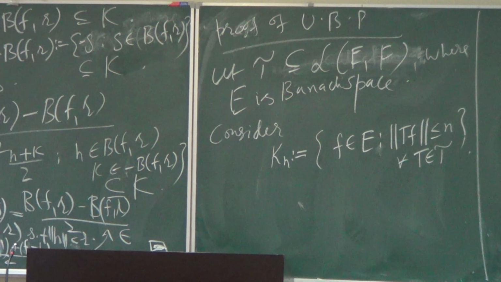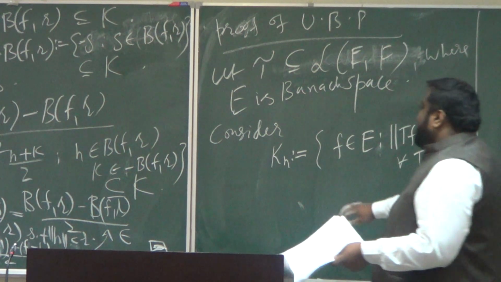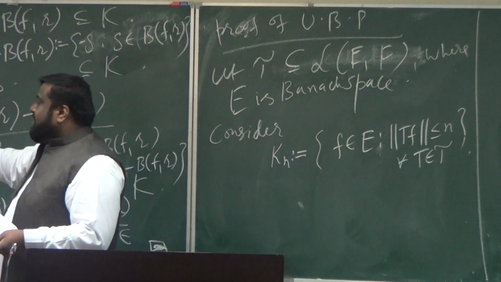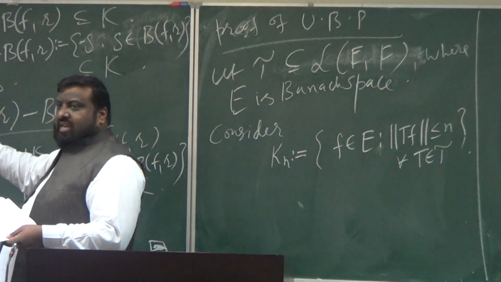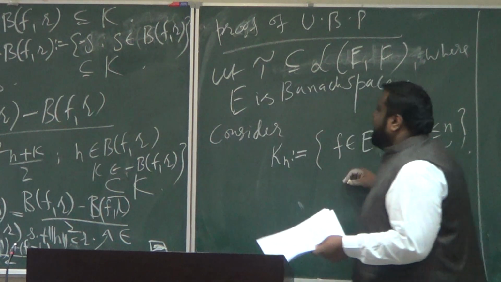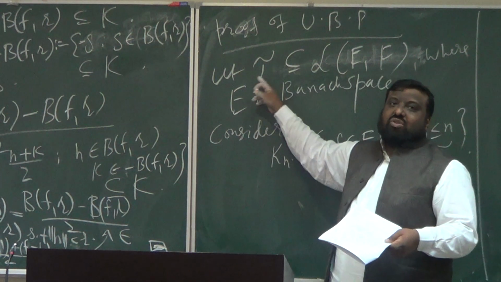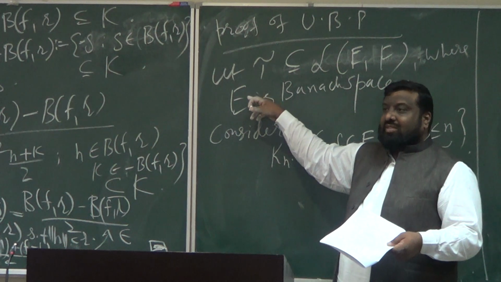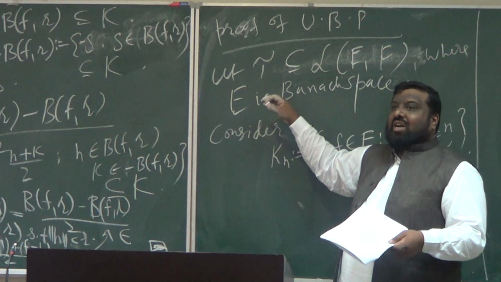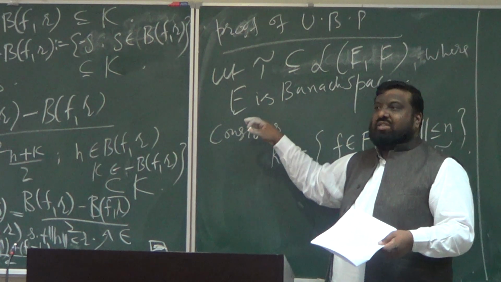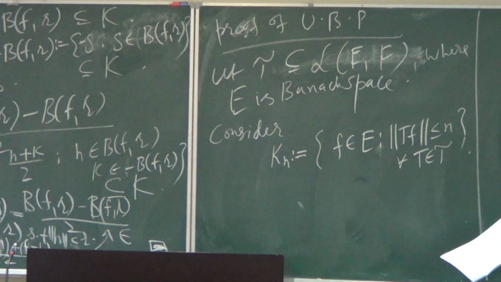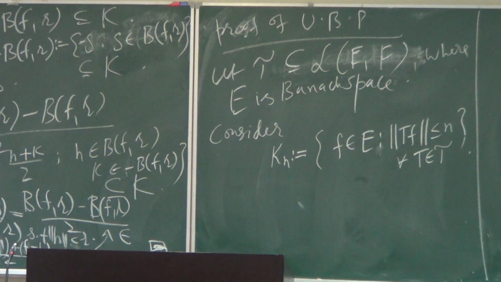Well, I'm going to show that essentially the union of Kn is going to give you E. So I'm going to show that Kn is symmetric and midpoint convex for every n, and its union is going to exhaust the whole of E. And hence the Baire theorem is going to basically take us to our required conclusion.